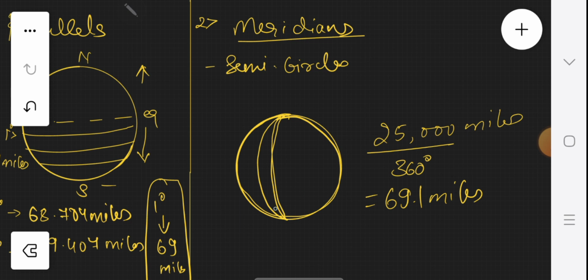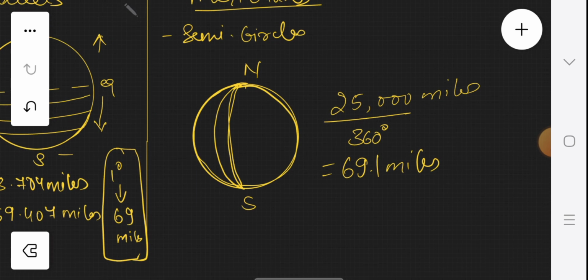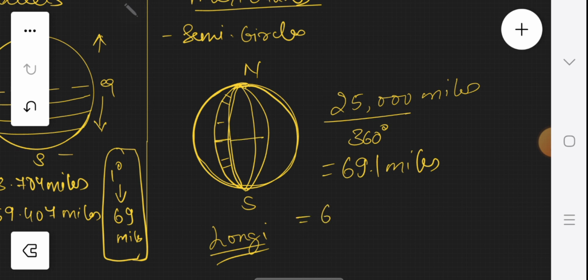Since for latitude the distance increases at the north and south pole, here the reverse happens with longitude. The distance between two longitudes decreases as you go towards the north or south pole, because they all converge at one single point at the north or the south pole. Because of this, at the equator the distance between two longitudes will be around 69.17 miles.